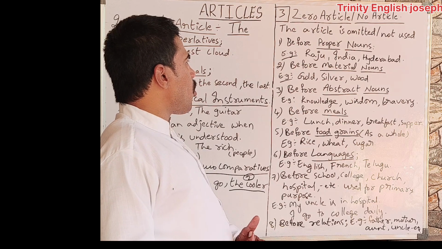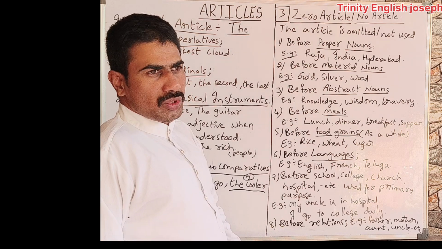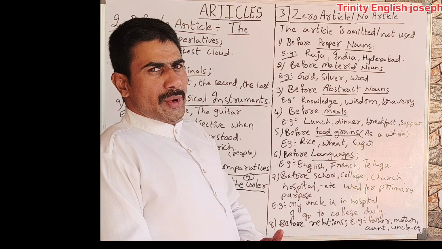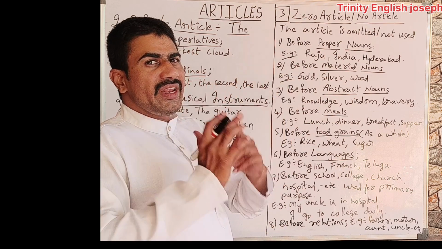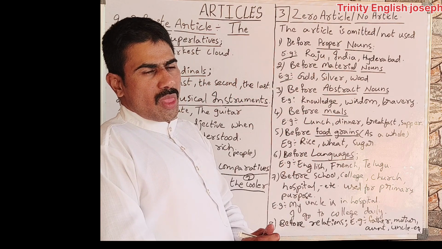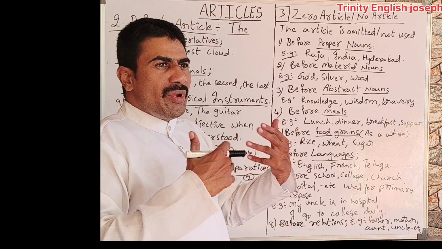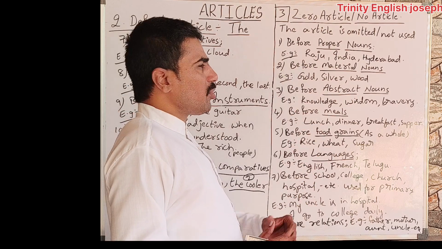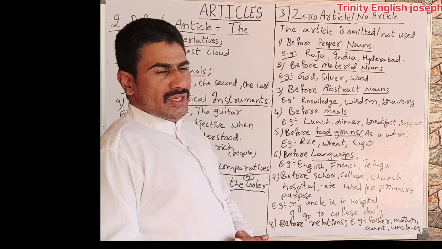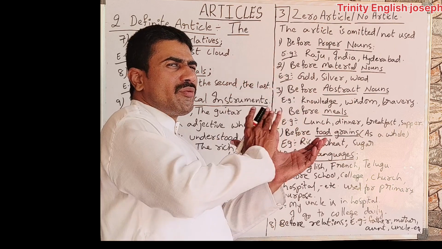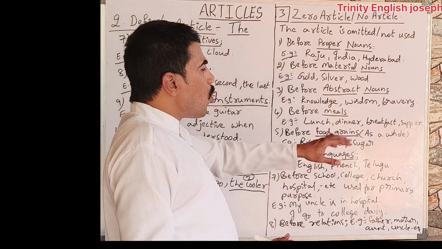And the second one, before material nouns. When we talk about material nouns, material means the source or resource material from which something is made, or many forms are possible. See, for example, there are different ornaments which are made of gold. Whatever type of ornament they have, gold is in them.